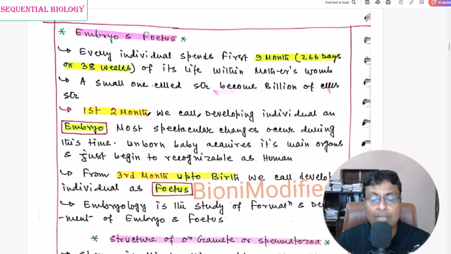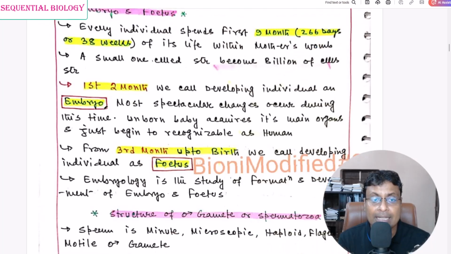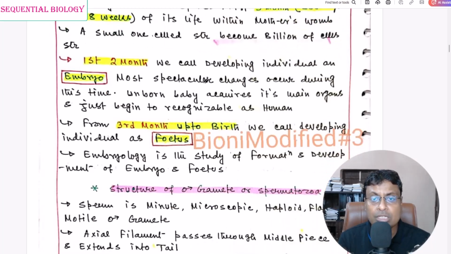The first 2 months of our developmental period is known as the embryo stage, and during this stage the most spectacular changes occur, and the unborn baby acquires its main organs and just begins to be recognizable as a human. In case of humans, the first 2 months is known as the embryonic period.